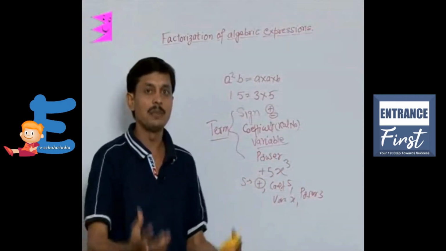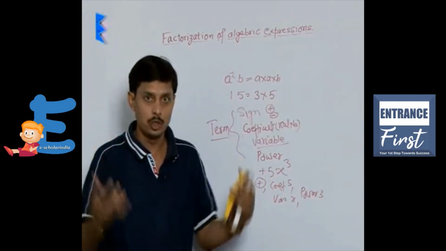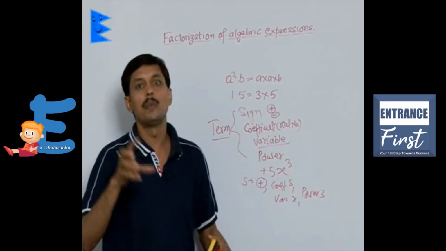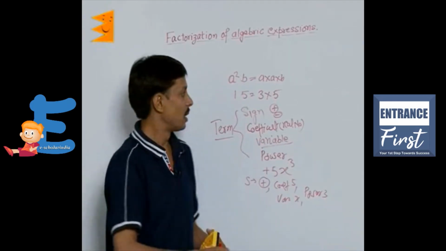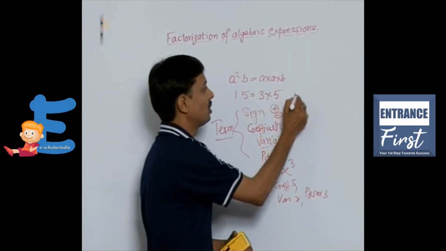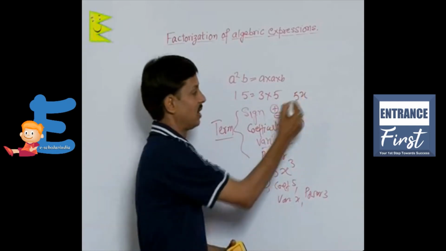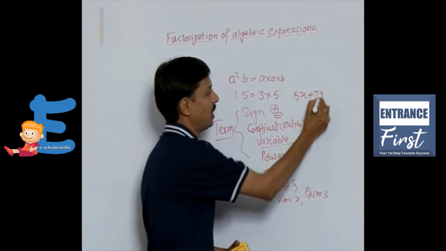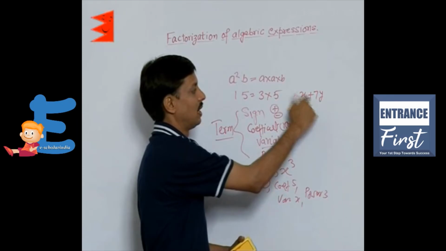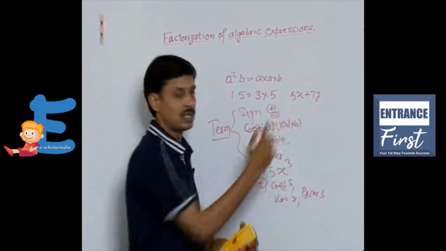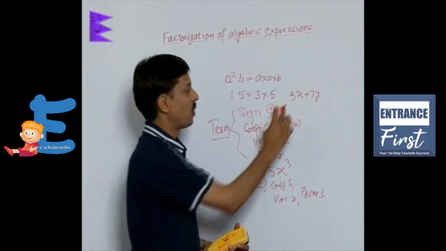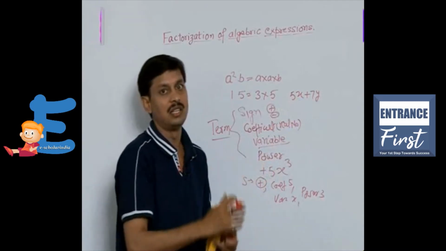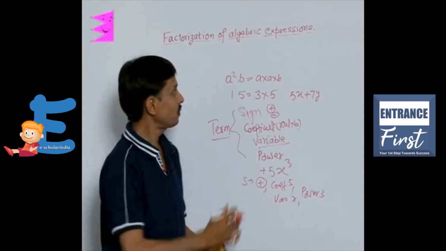And when a few terms are clubbed, joined by the sign of plus or minus, suppose I have a term 5x and another term 7y, separated by the sign plus, then 5x plus 7y is an algebraic expression.